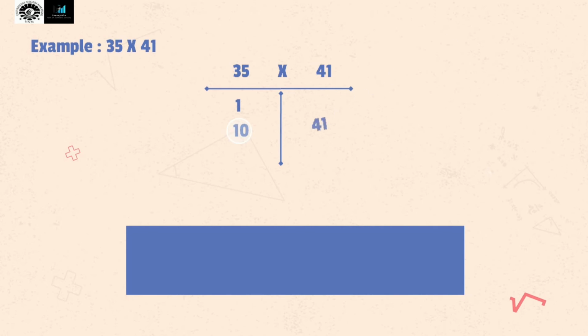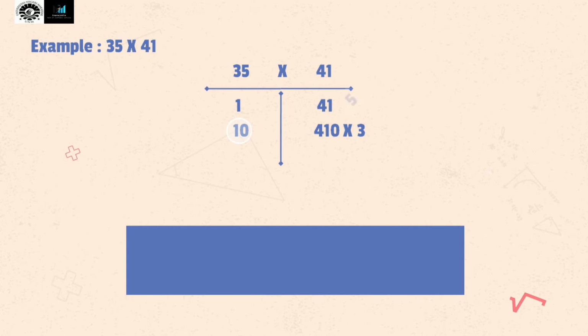10 times 41 is equal to 410. Times 3, why times 3? Because to get the number 35 we must have the number 10 three times.